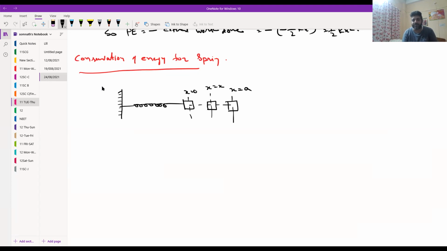This one is called the extreme position, and this one is called the mean position. So let that point is A, that point is B.